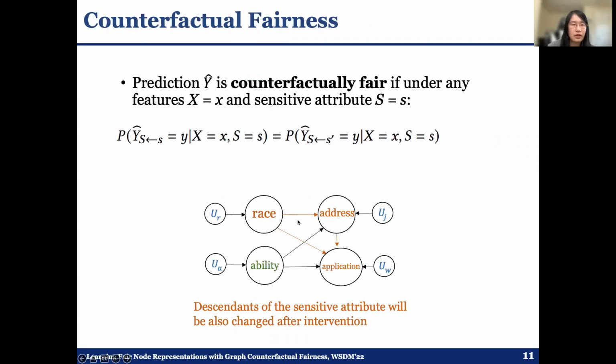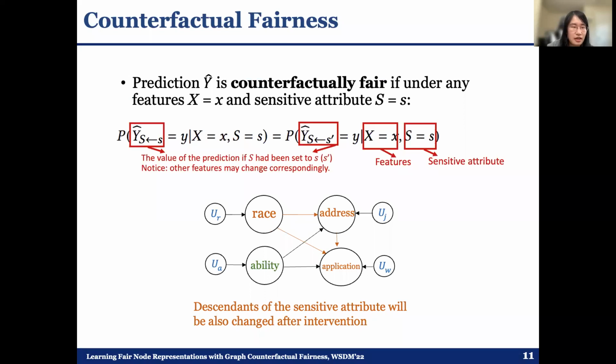Here we give a formal definition of counterfactual fairness. Given each individual with certain features, I mean non-sensitive features and sensitive attributes, the value of the prediction should be the same no matter how its sensitive attribute has been changed to different values. Here, the A_s left arrow means the intervention on the sensitive attribute A_s.